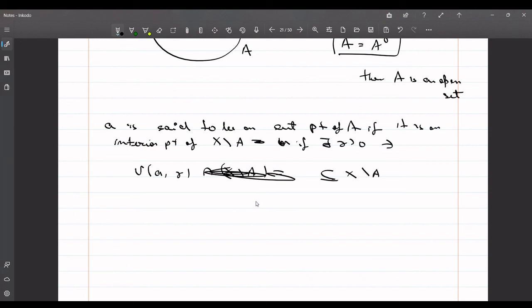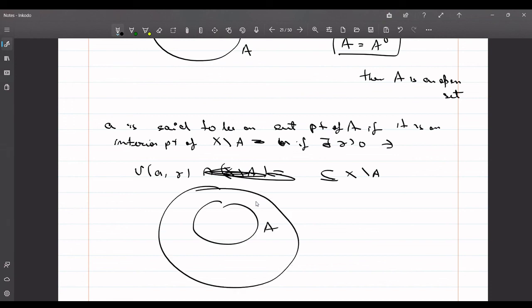Again, if you try to understand this pictorially, suppose this is A and A is a subset of X, so suppose this is X, and you take a point from here, let's say a. This is the open ball centered at a and radius R. It is completely contained in X minus A, so it is an interior point of X minus A. Clear? Got it? This is the concept of an exterior point.